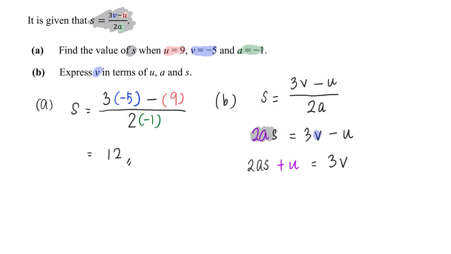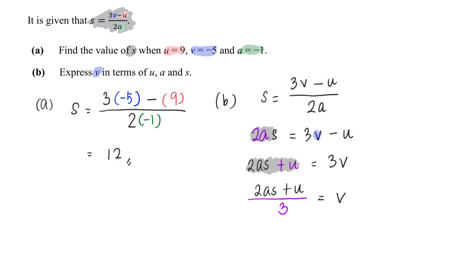And the last step, before I write down the final answer, there is 3v. Yep, I'm going to divide both sides by 3. So again, this whole 2as plus u, I would then divide by 3.